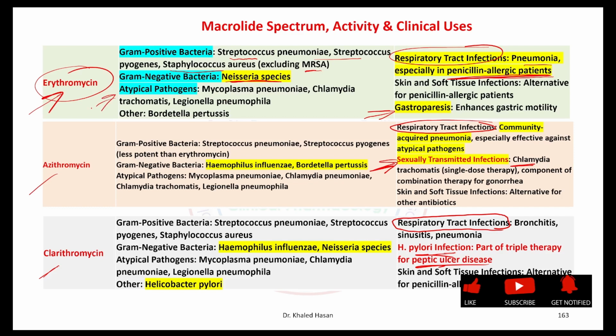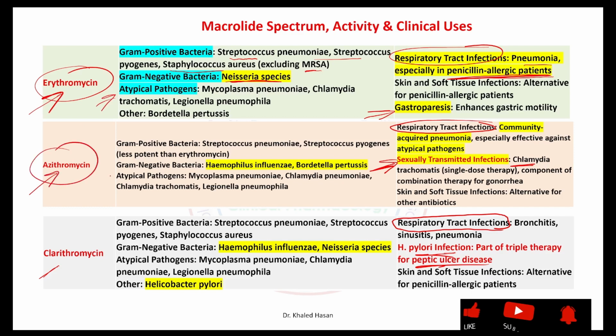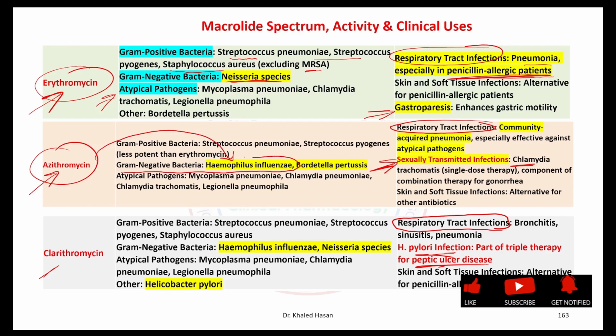Some typical pathogens will be affected. When you move to azithromycin, it is considered an effective treatment against gram-negative bacteria, especially Haemophilus influenzae. Clarithromycin is effective again in Neisseria. So we have a list of how we can approach using macrolides in clinical practice.